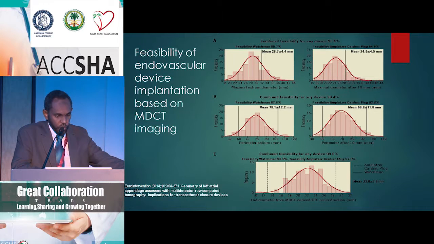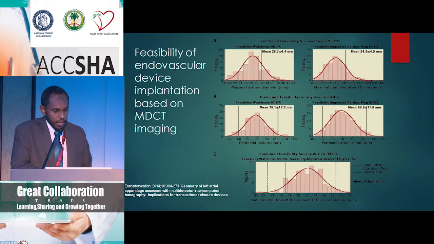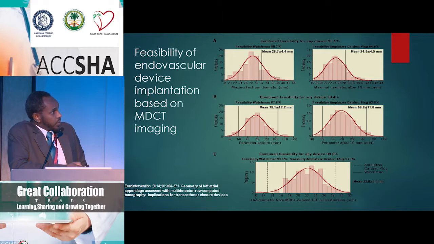They looked at both WATCHMAN and the Amplatzer cardiac plug, and according to the sizes that they can close from the measurement of the maximum ostium diameter, which is what you use to measure for the WATCHMAN device, 80% of normal patients usually can get the device closed. When they looked at the perimeter in these patients, that number increased to 87%.